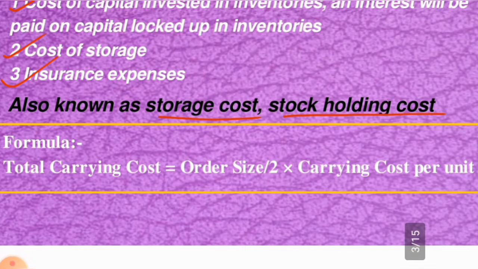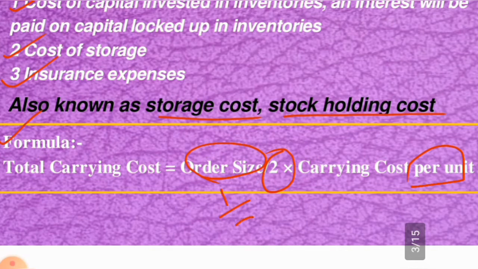It is so simple, that is number of units multiplied by per unit ordering cost or purchase cost. You can find that easily. But for carrying cost, there is a different formula, we can say, right? Order size is number of units, and this is per unit carrying cost. But here is something that is different, by 2.